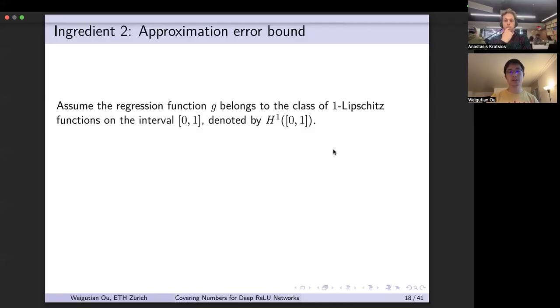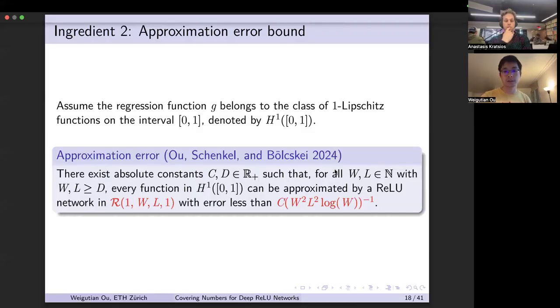We characterized the approximation error in our first paper in 2024, which showed that every 1-Lipschitz function in H^{1,0,1} can be approximated by a ReLU network in R(1,W,L,1) with error less than W squared L squared logarithm of W altogether to the power of -1. Here the class of neural networks R(1,W,L,1) are networks with width W, depth L, and all the weights lying between -1 and 1.